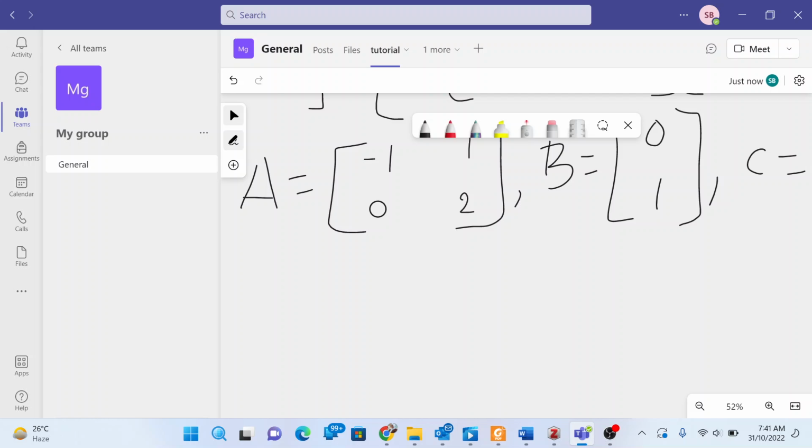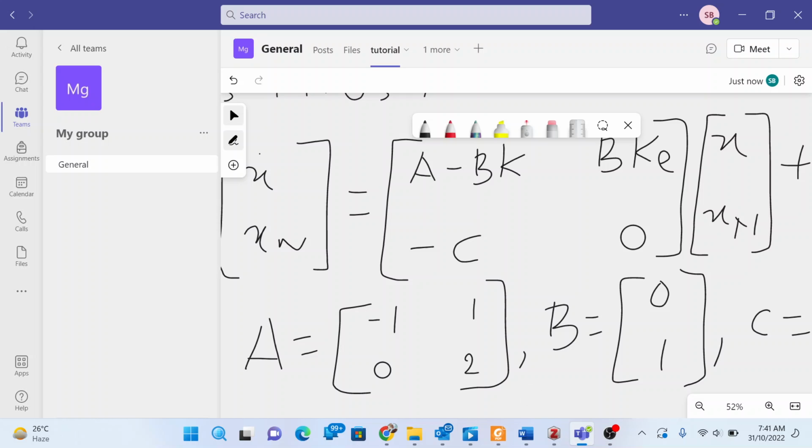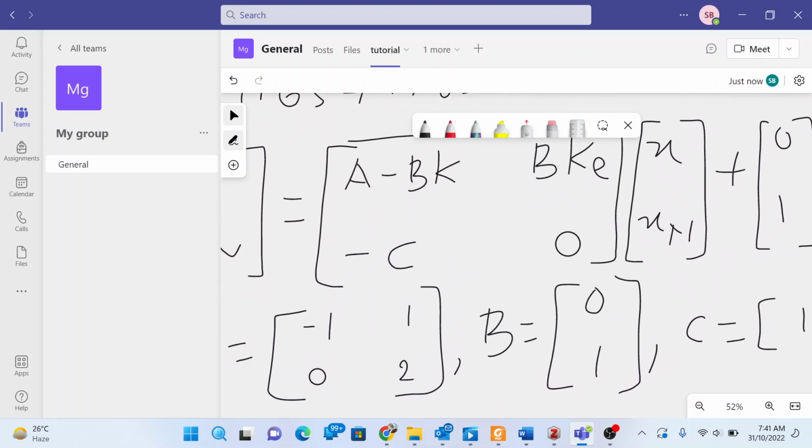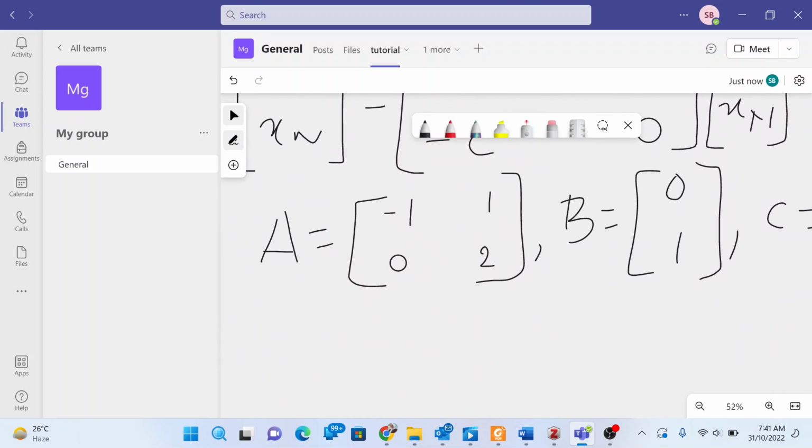So now that we have obtained this, we can form our equation by putting everything in the equation that we wrote above, because we have already gotten everything that we need there. So what is our equation going to look like?